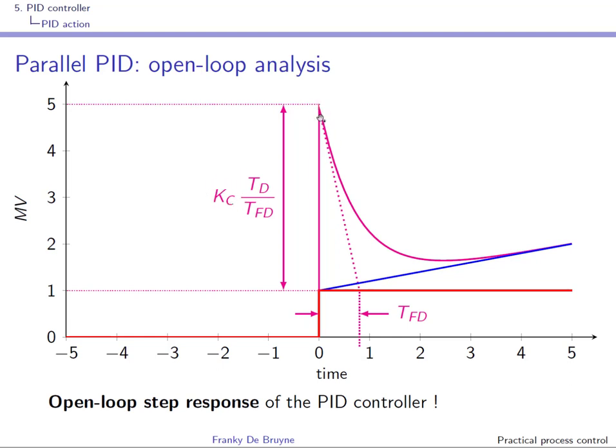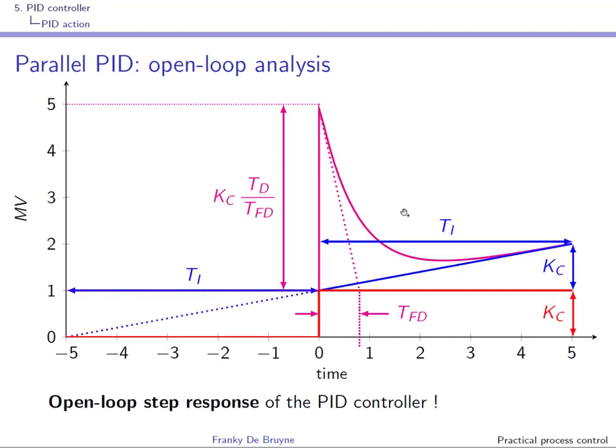And this derivative action is maintained for a while, and you can influence this duration by playing with the time constant of the filter that filters the derivative action. As you can see, if you take a larger TFD, well, this derivative action will be maintained for a longer time. And then here you have the influence of all the parameters.